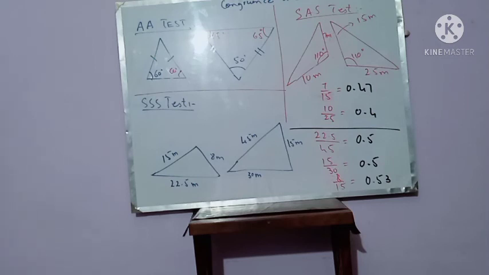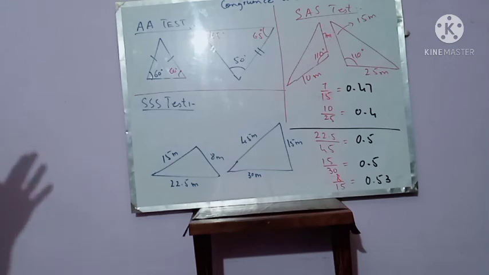When you make the ratio of corresponding sides, 7 and 15, and 10 and 25 are the corresponding sides. When you make the ratio 7 over 15, that is 0.47, and when you make 10 over 25, that is 0.4. So the included angle is the same in both triangles, but the two ratios are not the same.